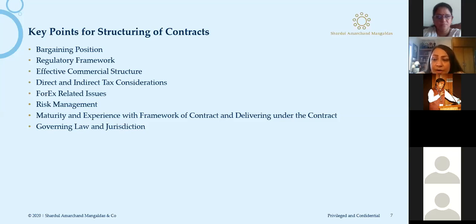Second thing, before entering into a contract or even structuring the contract, I need to understand what the regulatory framework is that governs this particular contract.